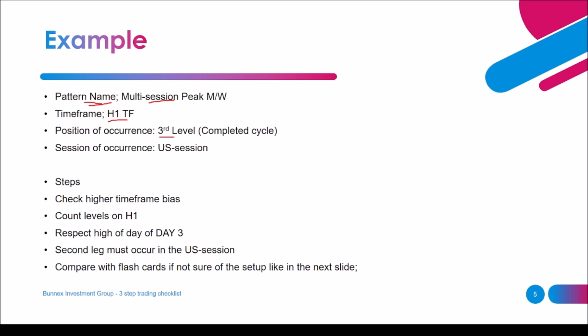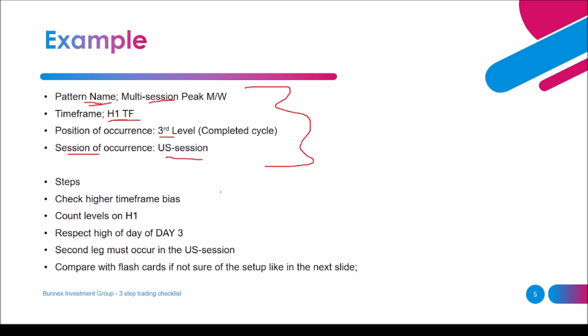It occurs at third level, or after the cycle is completed, this H1 cycle. Then session of occurrence. It doesn't mean that it doesn't occur in Asia or London, but the only session that I look for this particular pattern in is the US session. So this is what I call the pattern definition. You should define your pattern in this manner.